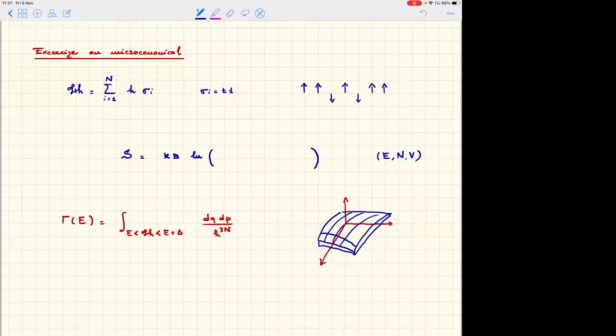Each cell has a volume h to the power 3n, and this thing here is just the number of cells. So what is this number of cells in practice? What is counting the number of cells?